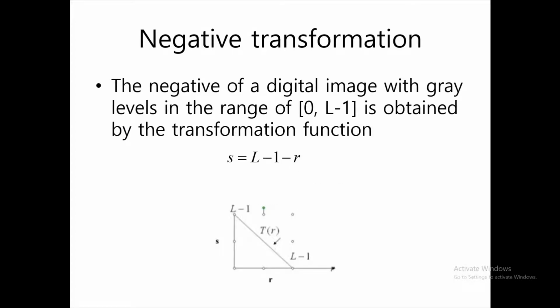Now another transformation is the negative transformation. The negative transformation of an image with intensity levels in the range of 0 to L-1 is obtained by using the negative transformation function as shown in the figure. Here, in the horizontal axis we see the intensity of the input image, R, or the original image, and in the vertical axis we see the intensity of the output image, which is S, as we just discussed before.